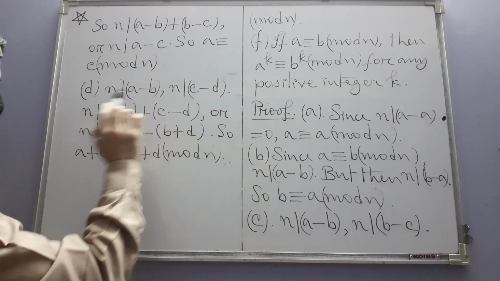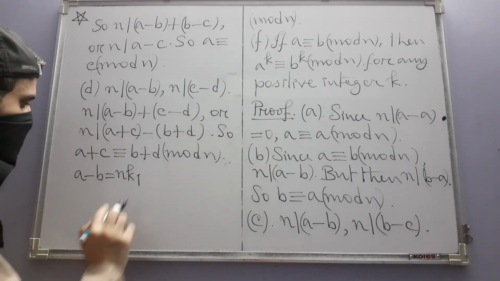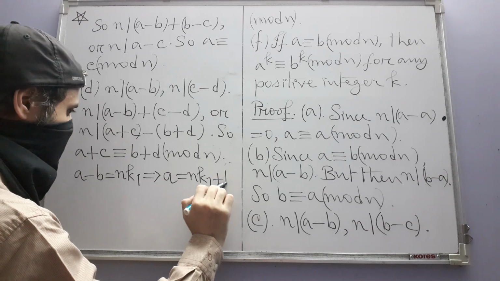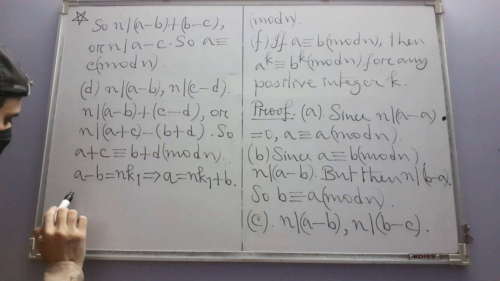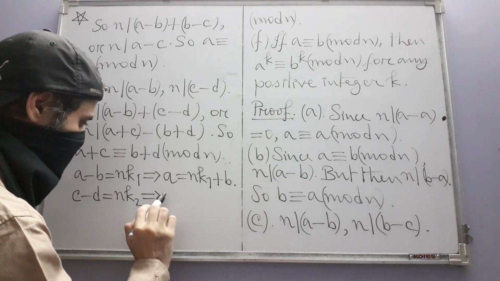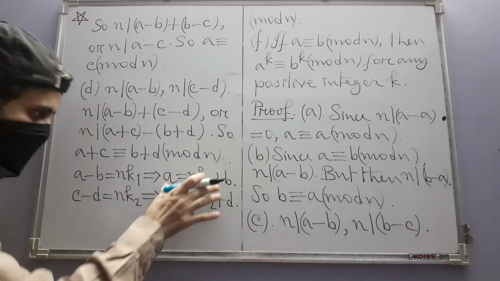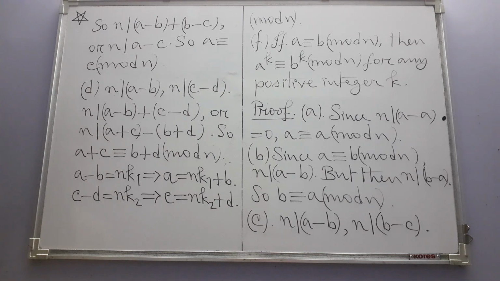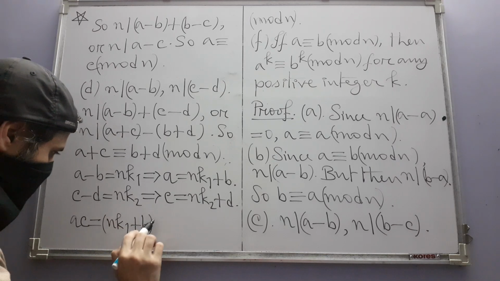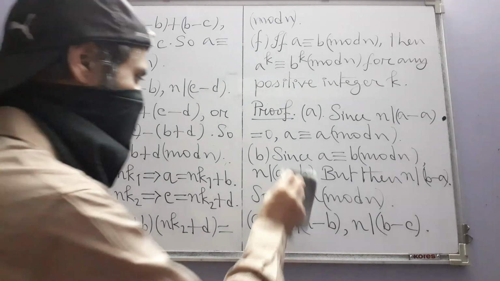You see, because n divides A minus B, A minus B is equal to n k1 for some integer k1, or A is equal to n k1 plus B. Similarly, from this one we get C minus D equal to n k2 for some integer k2, and from that we get C equal to n k2 plus D. Now we multiply these two equations, ordinary multiplication of equations, and that gives us AC equal to n k1 plus B times n k2 plus D. Now if you multiply the terms out, let's see what we get.